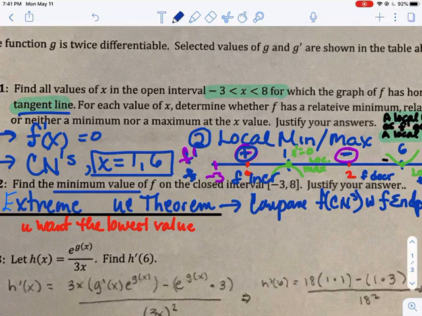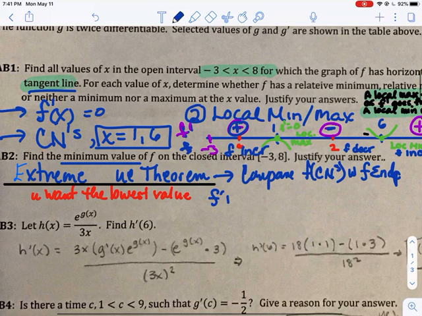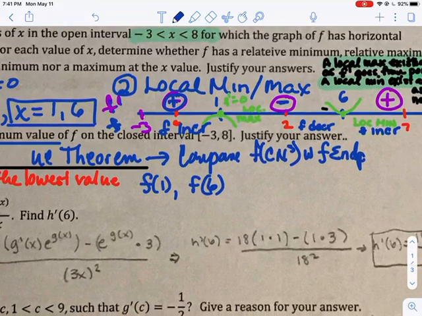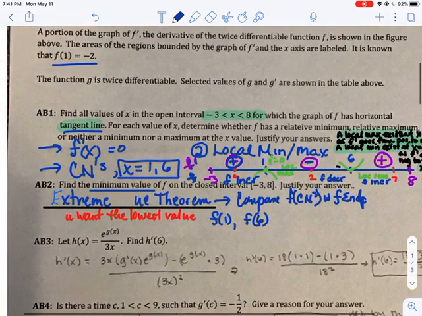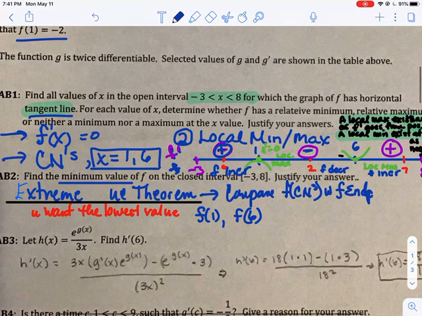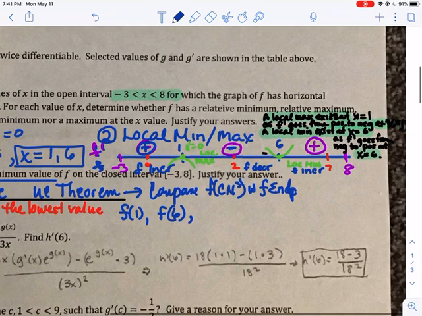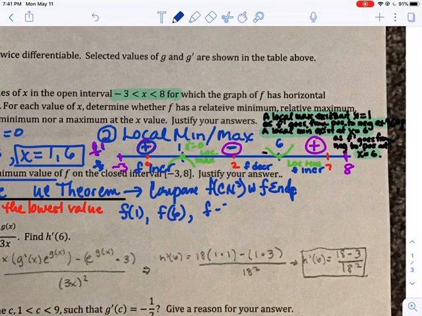I've got F of the critical numbers, F of 1 and F of 6, because those are in the open interval, where we know they're locals, but are they absolutes? Then you have F of -3, and also jumping in there F of 8.